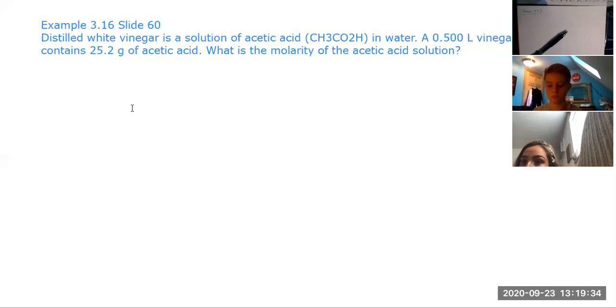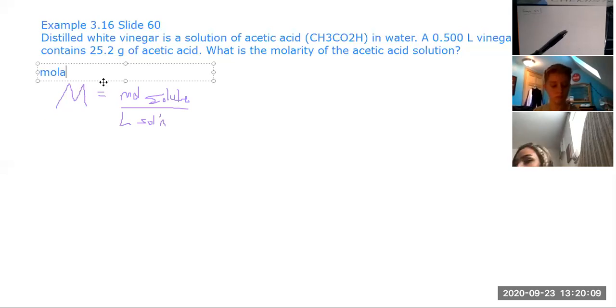This is a nice intro example for section 3.3, where we're solving for the molarity. Keeping in mind that molarity, which we represent by the capital M, is equal to moles of solute over liters of solution.